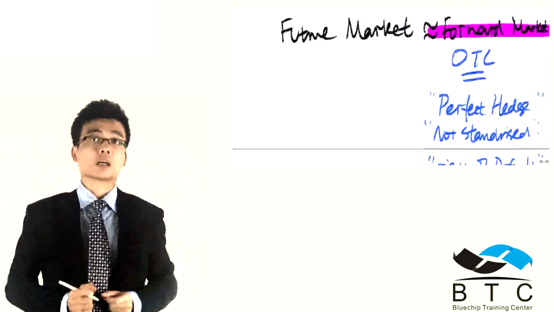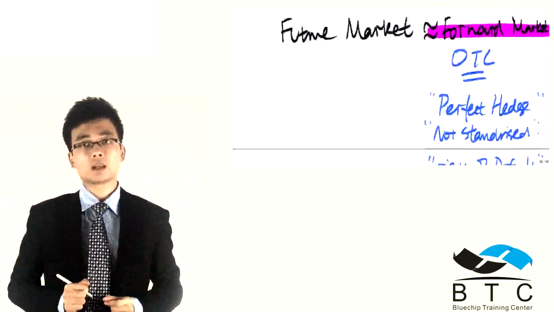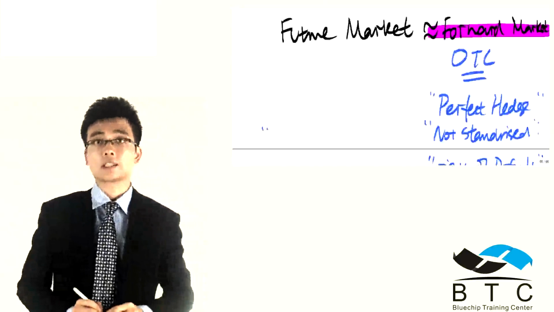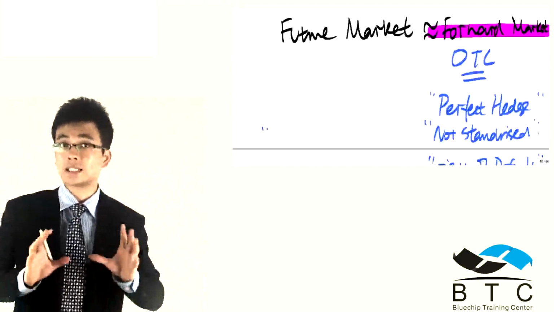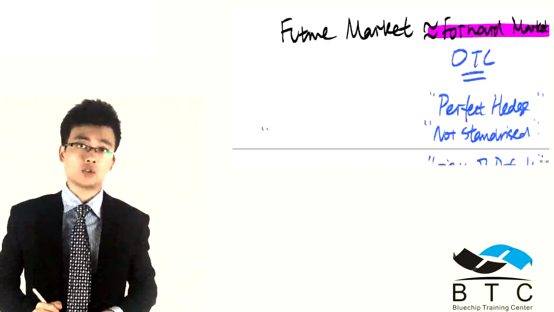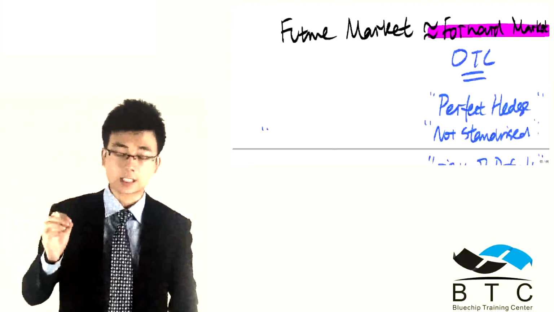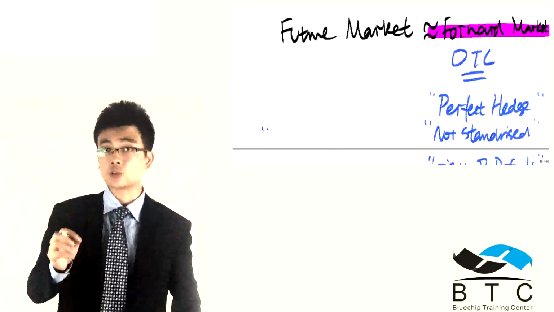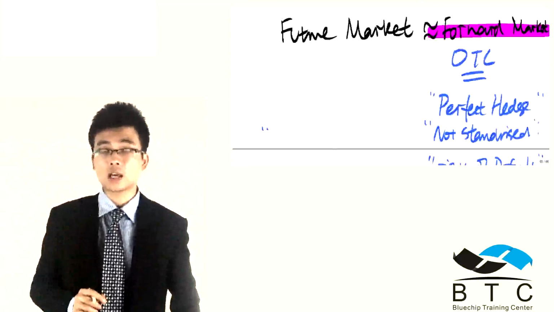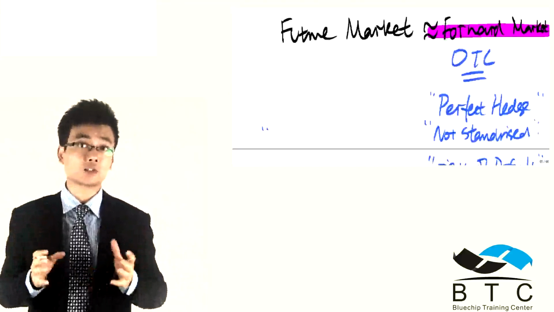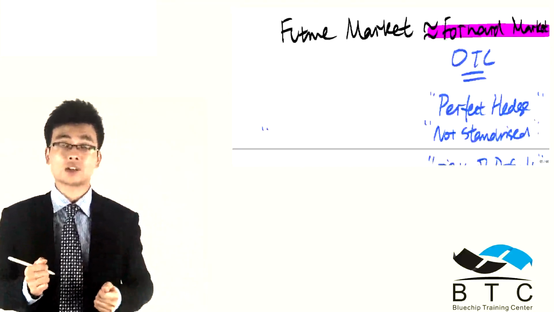But the futures market on the left-hand side would normally be traded in a recognised exchange, such as in London, the London International Financial Futures and Options Exchange. It is almost the same as shares on the London Stock Exchange.